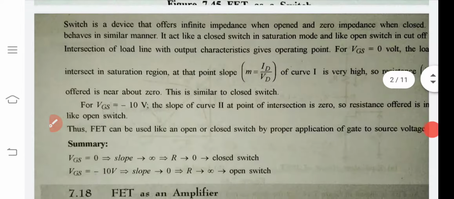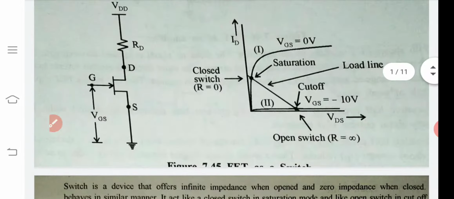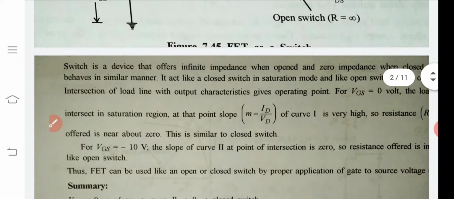A switch is a device that offers infinite impedance when opened and zero impedance when closed. It behaves in a similar manner, acting like a closed switch in saturation mode and like an open switch in cutoff region.